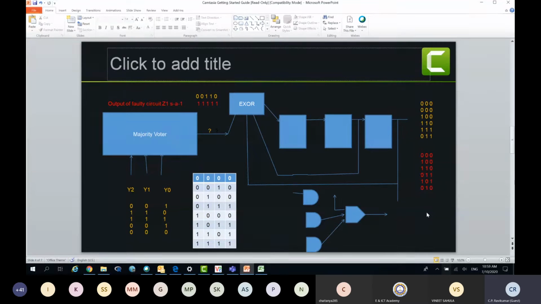Okay, we can use the LFSR to build a circuit like this, right? And if everything is fine, if all the circuitry is all right, there are no faults, then at the end we get the signature, the 011.